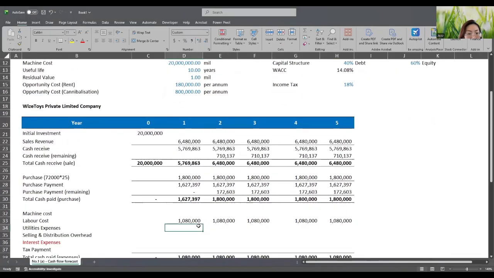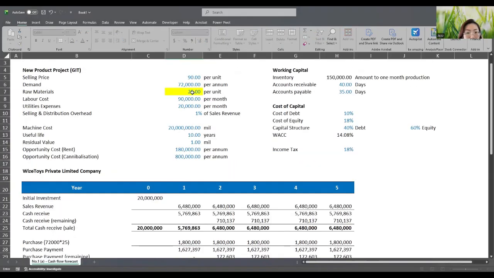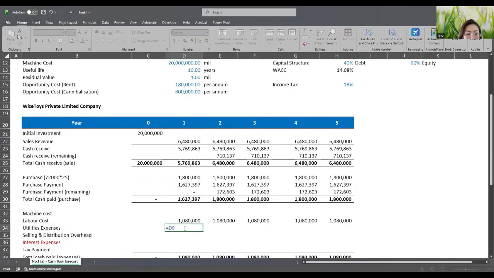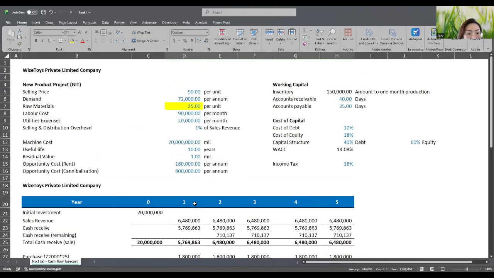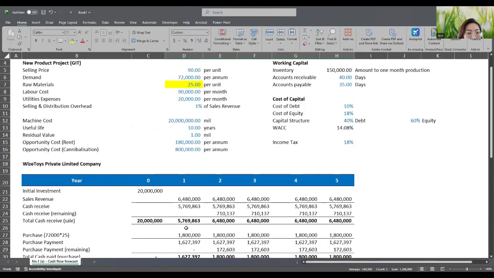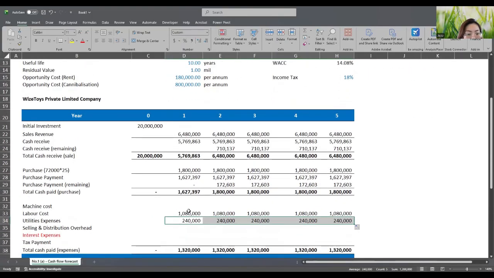Utility, similar, 20, input. Selling and distribution only 1% of sales revenue.